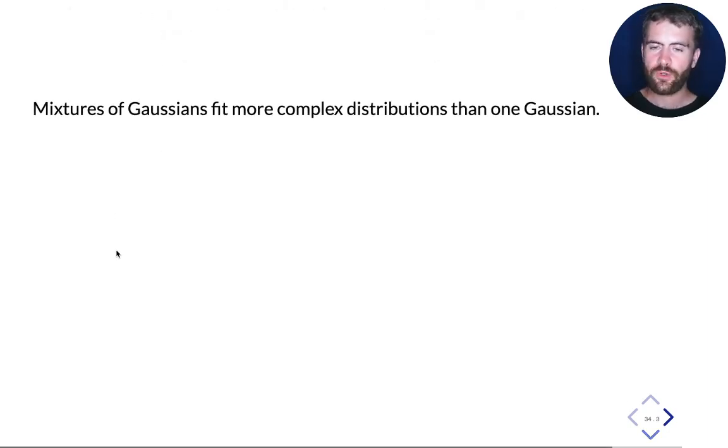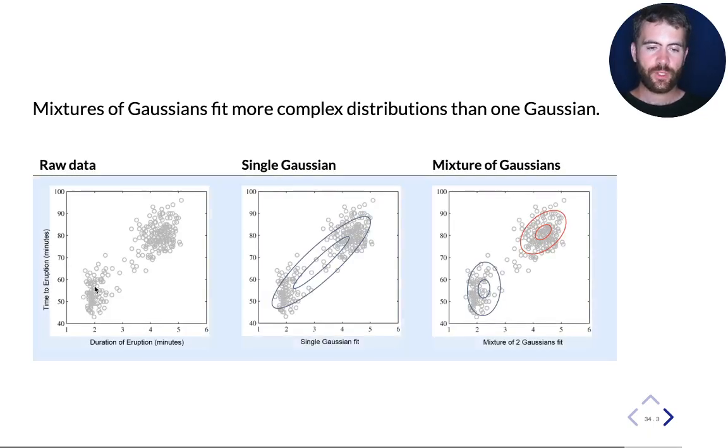Now, mixtures of Gaussians are already an interesting latent variable model. And they're interesting because they can fit more complex distributions than a single Gaussian. For example, if we have data of this form, which contains 2 clusters, then the best that we can do with a single Gaussian is something like this, which is clearly inadequate. But if we fit a distribution that is a mixture of Gaussians, it can approximate the data much better by placing a Gaussian component over this cluster and placing another one over this cluster.